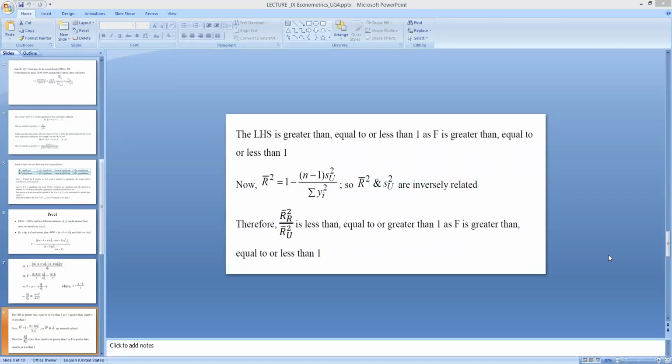Thus, the restricted model gives the better fit if F is less than 1.